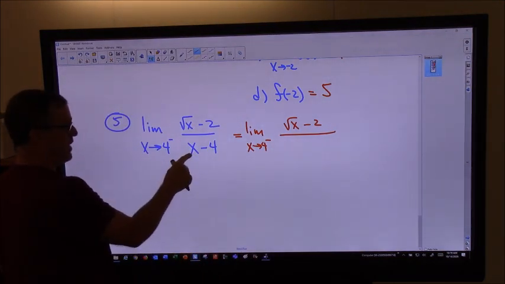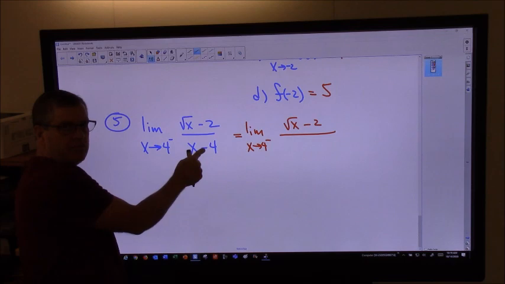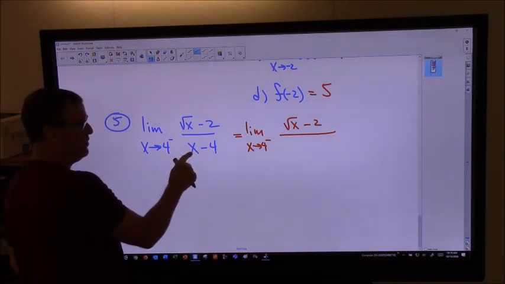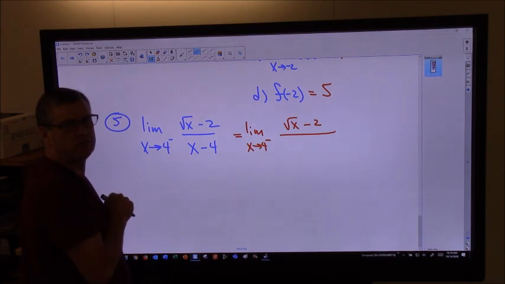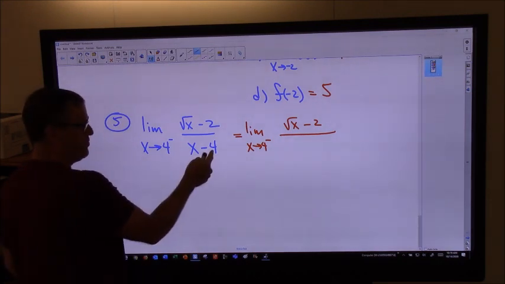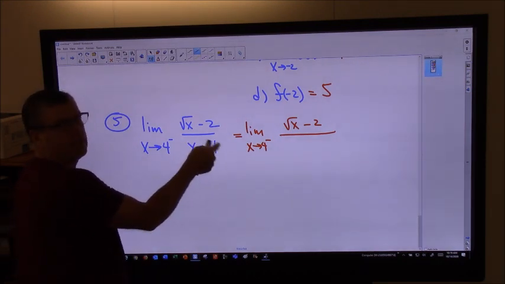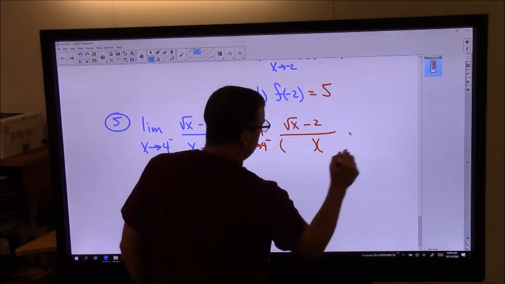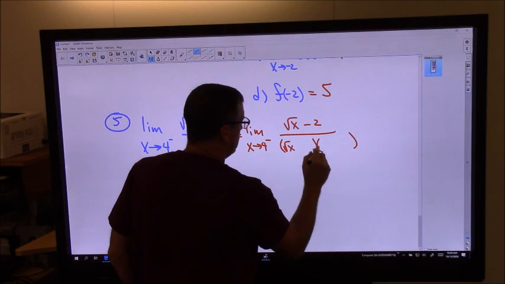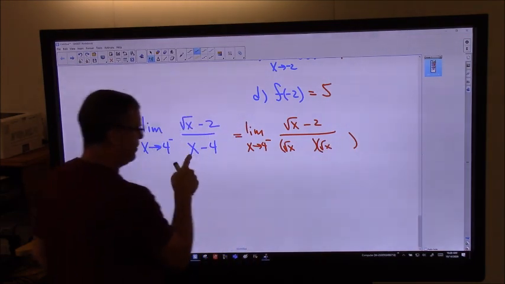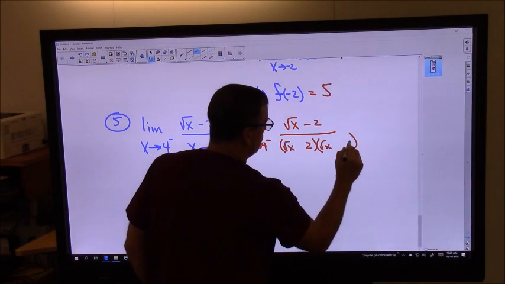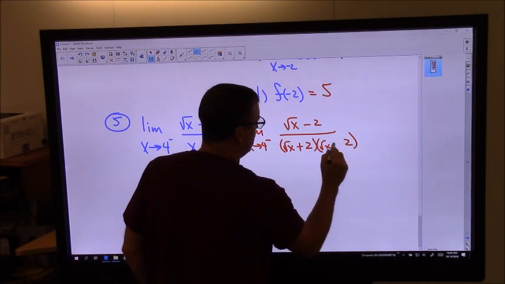And then if I factor this as a difference of 2 squares, I call the square root of this the square root of x. Right? If this was a 7, I could say, well, root 7 times root 7. So when I make my two parentheses, I'm going to have root x times root x. That does give me x. Square root of 4 is 2. So 2 times 2, one's positive, one's negative.